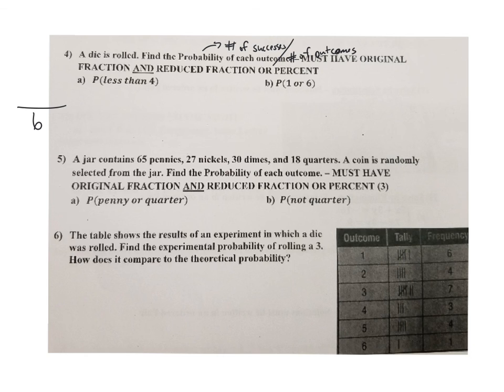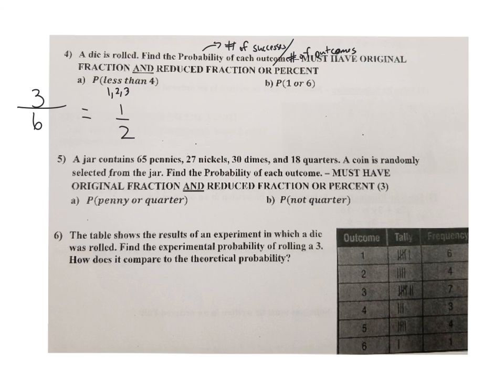You could have 1, 2, 3, 4, 5, or 6. I need to know the number of successes. Well, I want numbers that are less than 4, so it's going to be 1, 2, or 3. That's 3 different numbers. So 3 over 6 is 1/2.